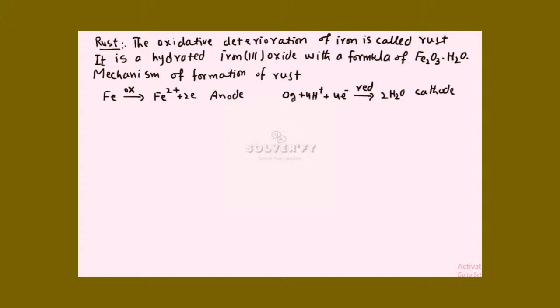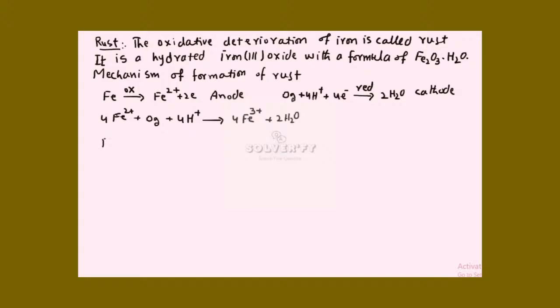So at the surface of iron, oxygen reduces, forming the cathode. Then the ferrous ion reacts with further oxygen in the presence of hydrogen ions to form ferric ion, where iron further oxidizes to the +3 form and water molecules are formed.